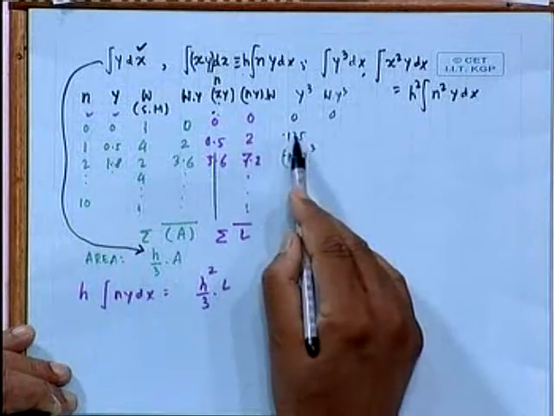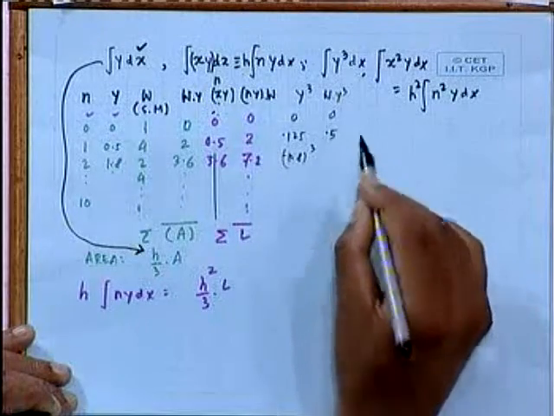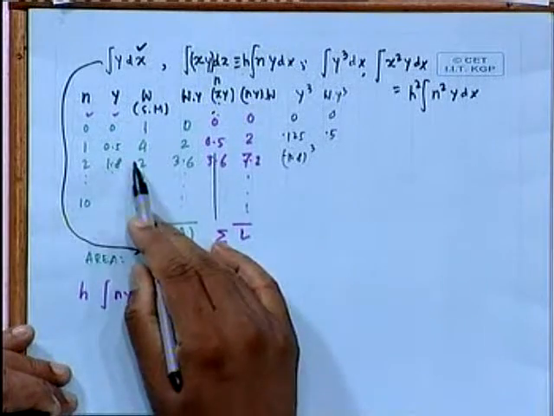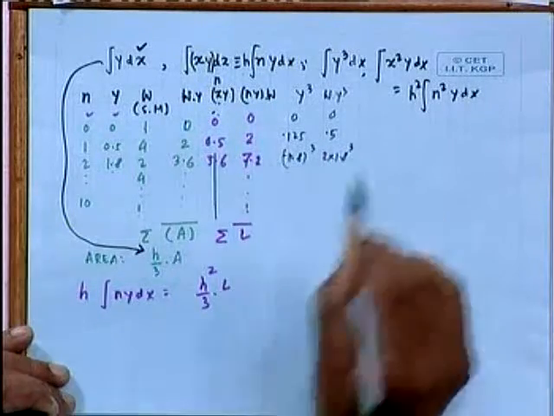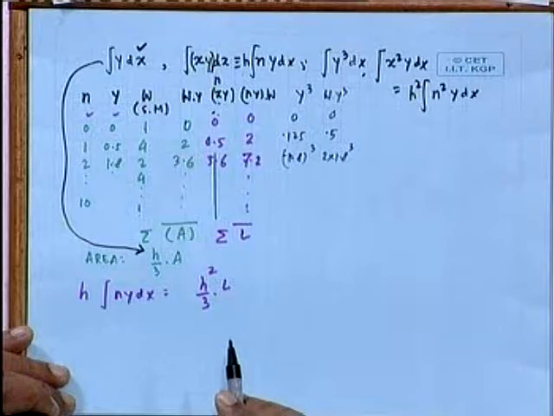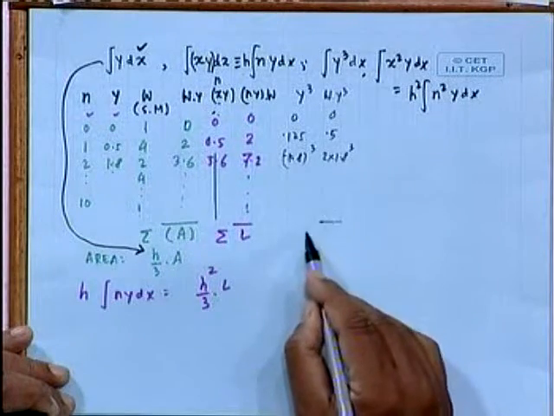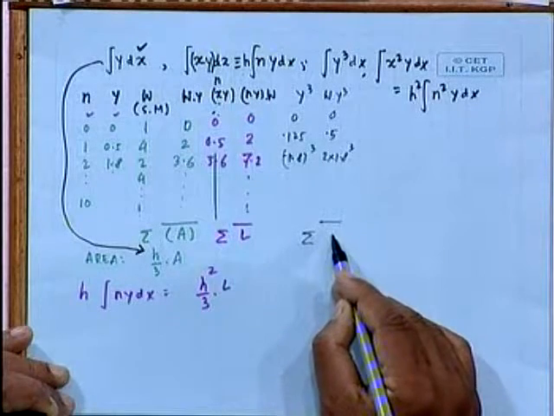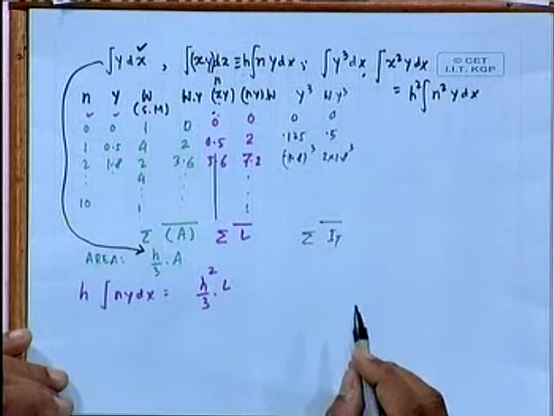This is 4 times 0.125 gives you 0.5. This is 2 times 1.8 cube. Like that you are adding it up here, and let us say I am calling this IT, because it is going to be proportional to that.